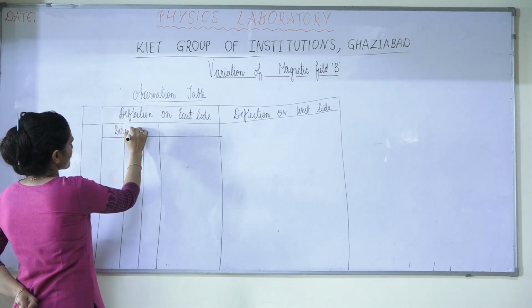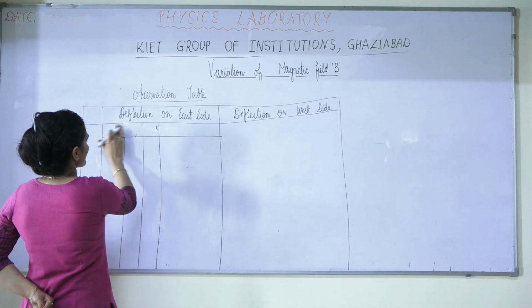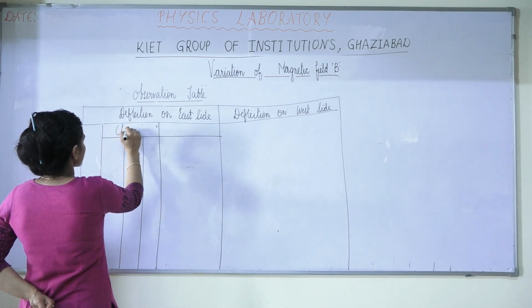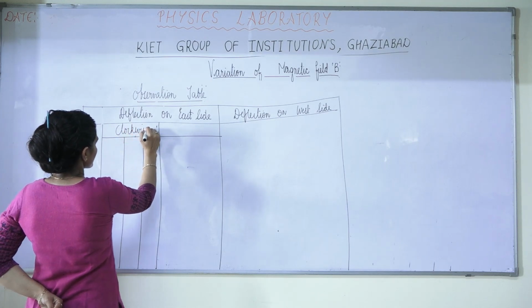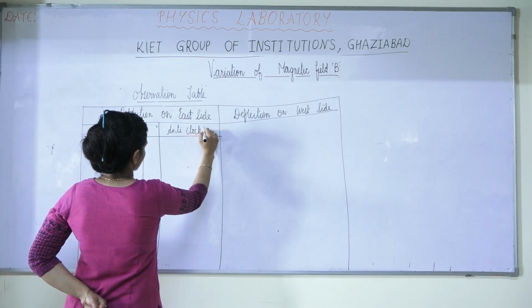direction of commutator key, or instead of direction of commutator key, we can write it as clockwise direction, and this is my anti-clockwise direction.